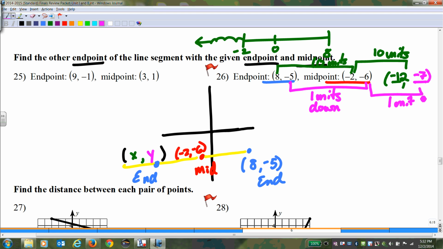It's going to be -7. So my coordinate here is going to be -12, -7. Now ask yourself visually, does that make sense? If we were to go 12 units this way and down 7, it's going to be slightly down, and yes, that makes sense.